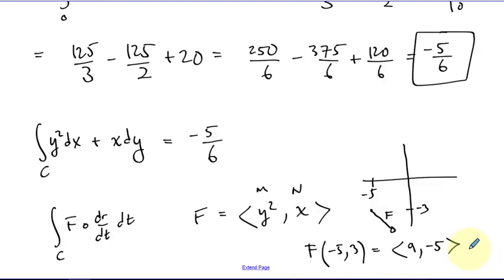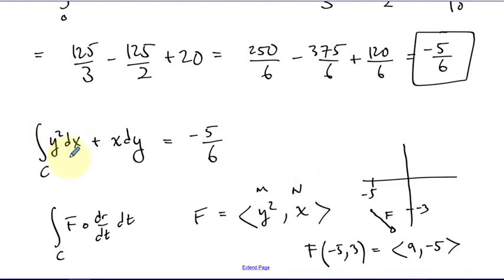To try to make some kind of sense out of that negative 5 over 6, it doesn't really have to make any particular sense at all, but to try to find something there, you could imagine that there was some function f that produced a vector field, and in this particular case that vector field would be associated with this function where you have in the first component a y squared and in the second component an x. And there's an m and an n in my notation for vector fields.